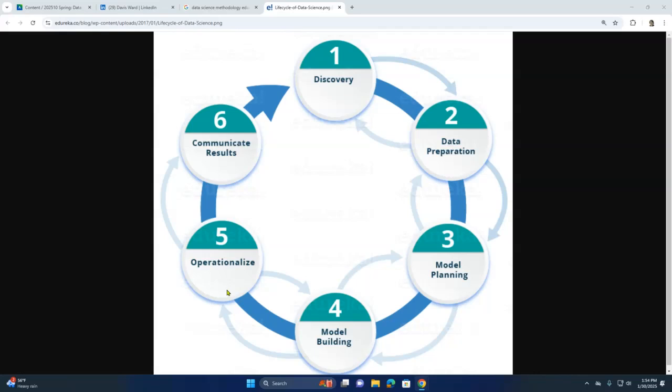What you want to think about is how would somebody use the results of your analysis? And so operationalize, sometimes you hear people talking about actionable insights. What can I do with the results of your analysis? And so this is a very important part. As you're doing your work, think about how your work will benefit others.